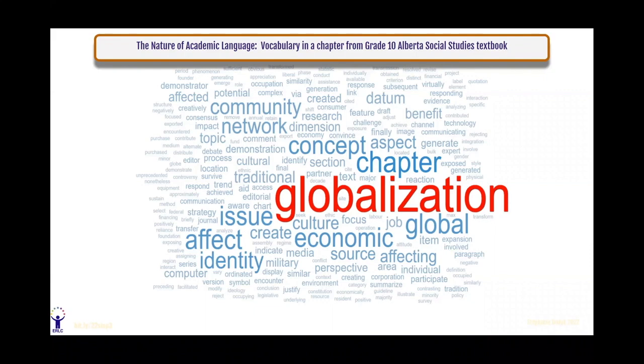We need to remember that a lot of languages don't add prefixes and suffixes to words like we do in English, so students may not realize that global and globalization are all interconnected. So when we're introducing these words to our students, we want to explicitly point that out for them and develop that.